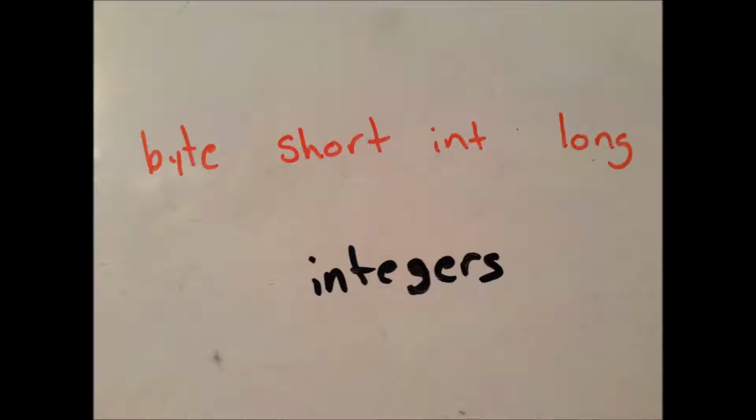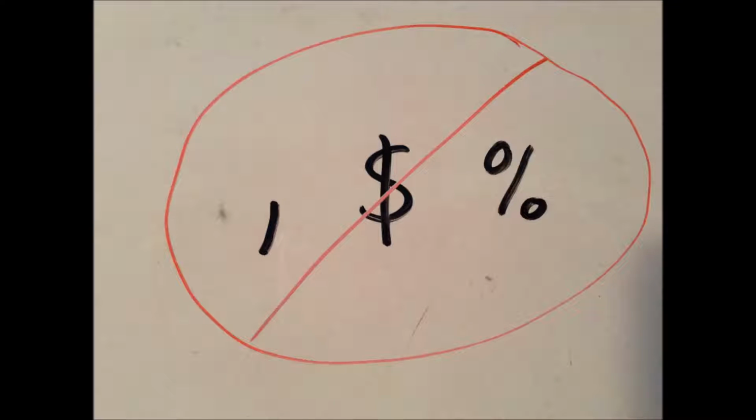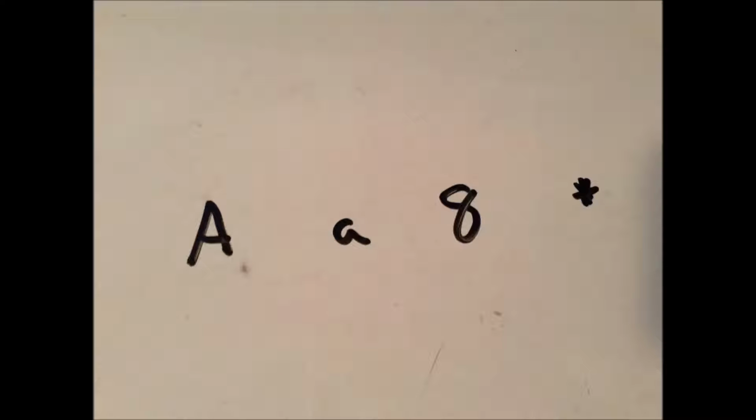The data types byte, short, int, and long are for integers, and the data types float and double are for numbers with decimal places. Double is any signed or unsigned number with a decimal point. Doubles cannot contain a comma or any symbols. A double value can be written using scientific notation. Character type consists of letters, digits 0 through 9, and punctuation symbols.